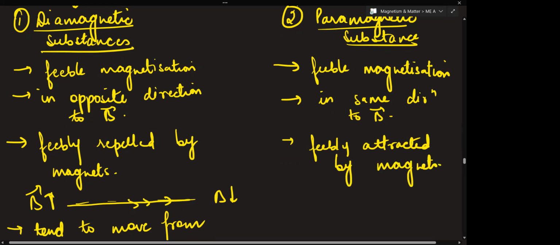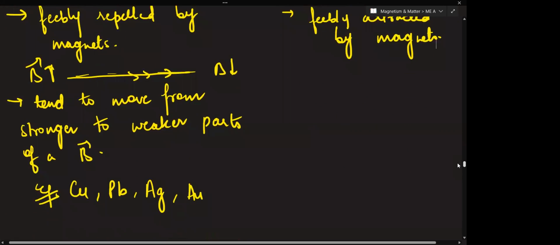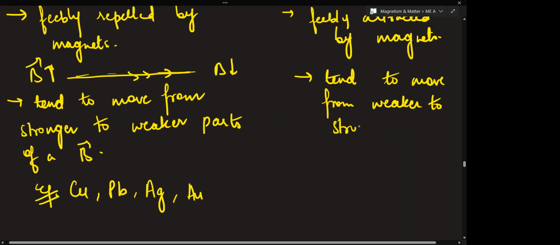And they tend to move from weaker to stronger parts. That's the difference that arises.